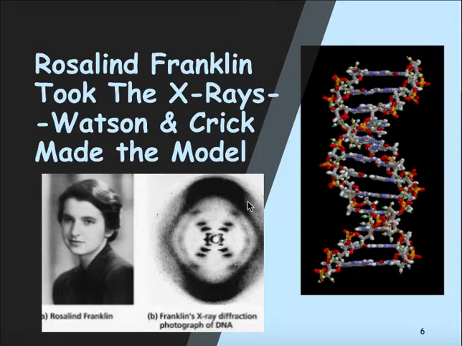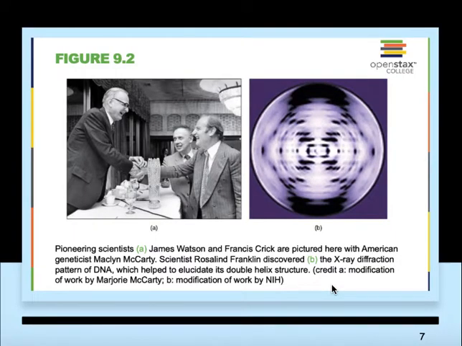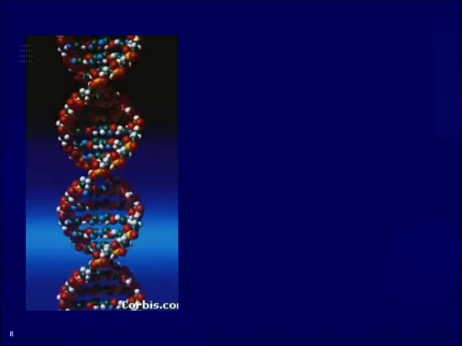And her early models ended up being a really foundational part for Watson and Crick, who came along later and used this and tried to figure out what does this look like in 3D, and came up with the traditional twisted double helix ladder that you hear about now and is very commonly thought of as DNA. And here is a picture from your book with Watson and Crick and some of the x-rays that Rosalind Franklin worked on.